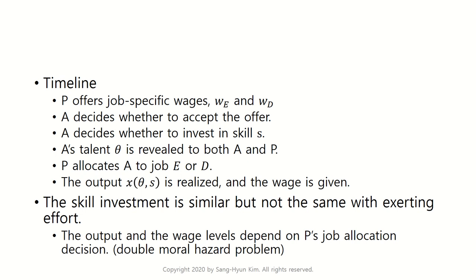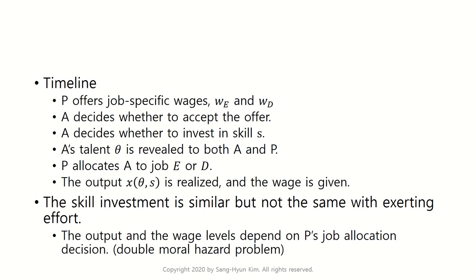In the basic principal-agent model, after everything is determined, like the wage level and whether to work for the principal or not, later the agent decides how much effort to put into the task. But here, the effort decision or investment decision is made before the principal makes the allocation of jobs. So the output and the wage levels depend on the principal's job allocation decision.